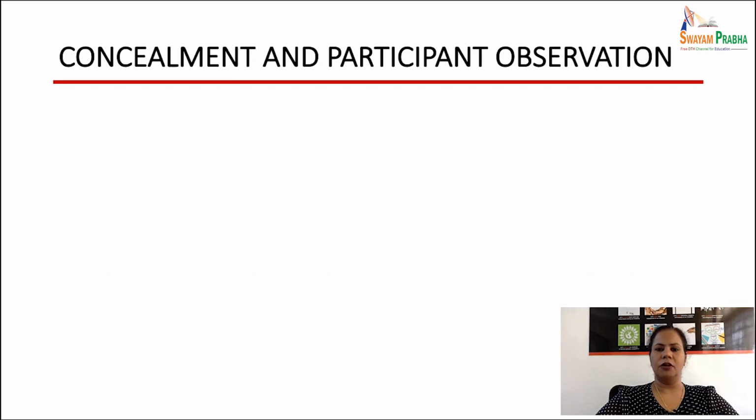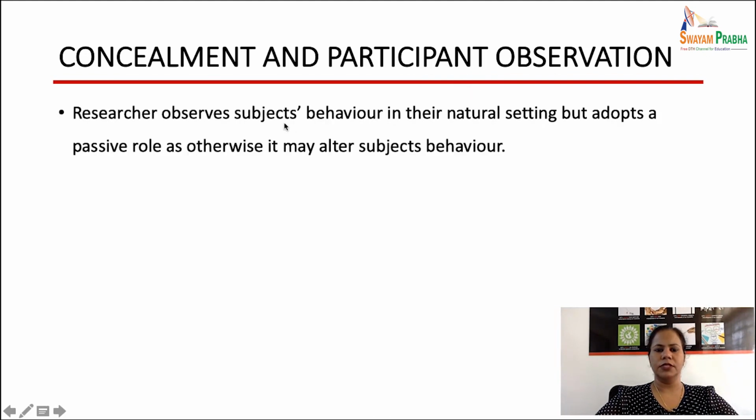The second type of observation is concealment and participant observation. Concealment means here that the subjects do not know that they are being observed, and the researcher is a participant of the group. The researcher observes subjects' behavior in their natural setting but adopts a passive role, as otherwise it may alter subjects' behavior.